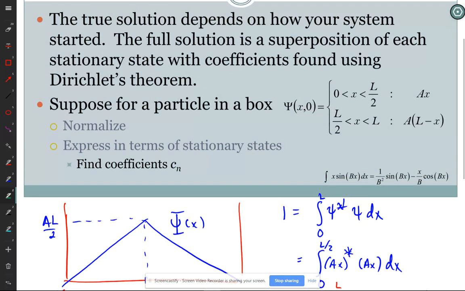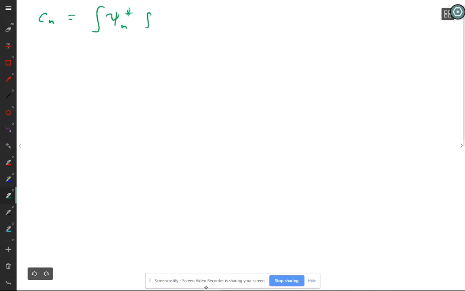It's not beautiful. Now we want to find these coefficients C sub n. So C sub n is by definition the integral of psi star sub n times my function, which in this case is going to be the capital psi. Put it in blue to indicate capital.